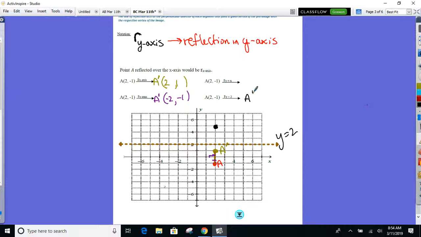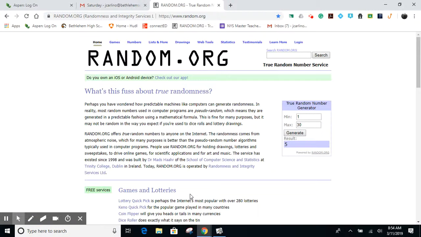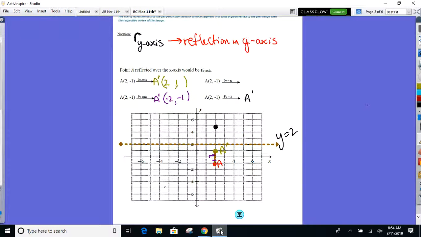Be careful when you name it too. I always get worried when we reflect over horizontal and vertical lines. Make sure you count from the origin. Some kids will count right here and tell me it's got a y coordinate of 3. What do you got for me? What's that new point? 2, 5.